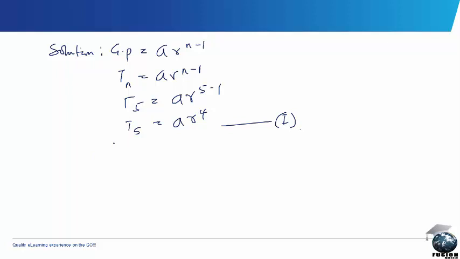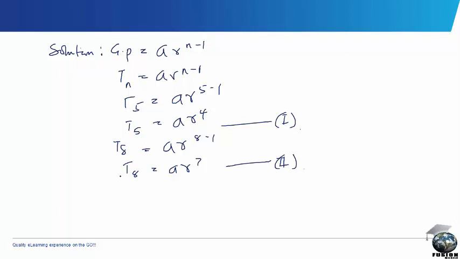And then for the 8th term, T8 will be equal to a r^(8-1), so T8 is equal to a r raised to power 7. I can call this my equation 2.